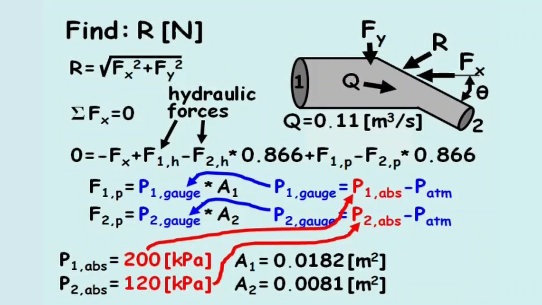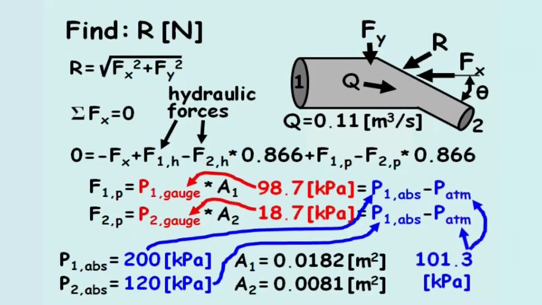After plugging in the given absolute pressure values, as well as the atmospheric pressure, the gauge pressure computes to 98.7 kilopascals and 18.7 kilopascals at ends 1 and 2.